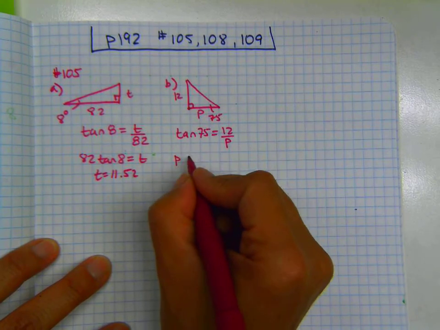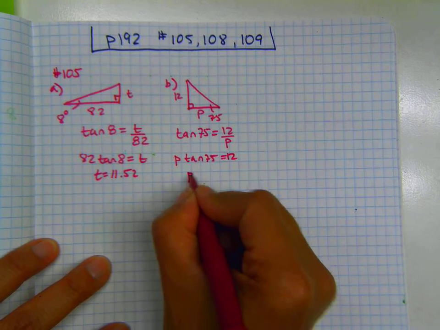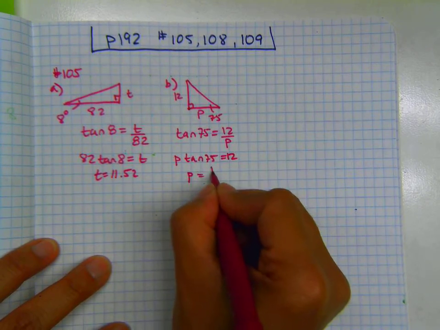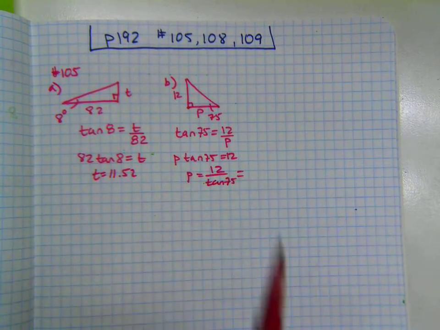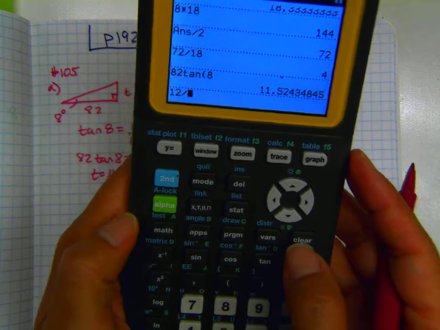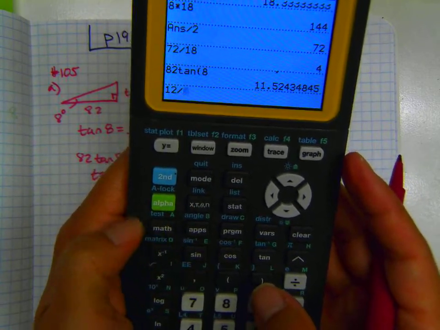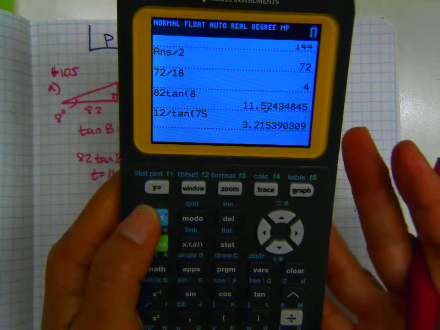So we got P tangent of 75 equals 12. Divide both sides by tangent of 75. And P equals 12 divided by tangent of 75. So we get 3.22.